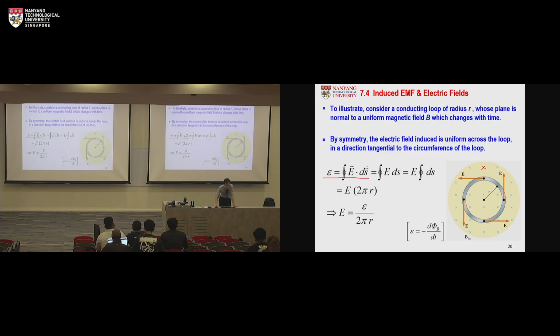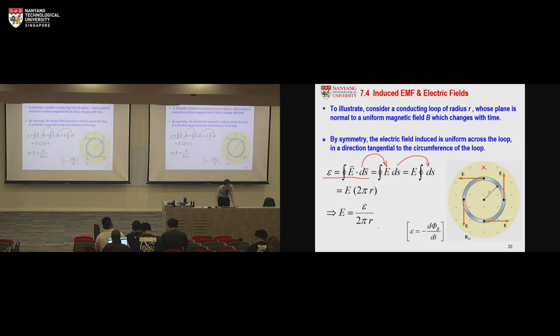If we look at this particular case, for similar reasons to those we discussed when using Ampere's law, E and ds are always parallel, and from here to here, E must be constant.